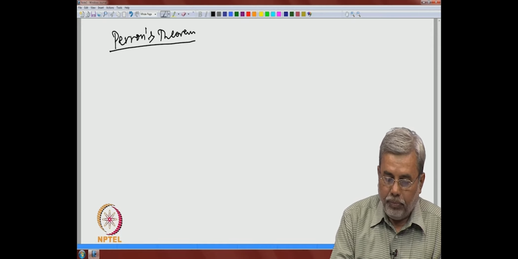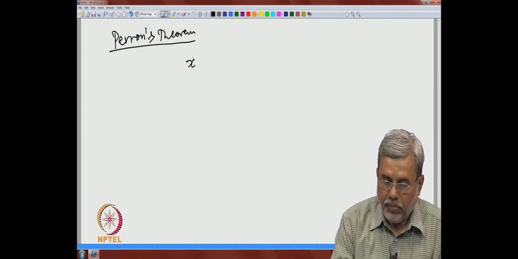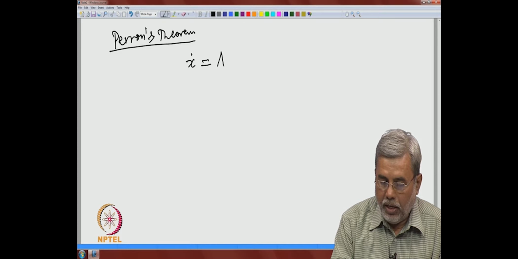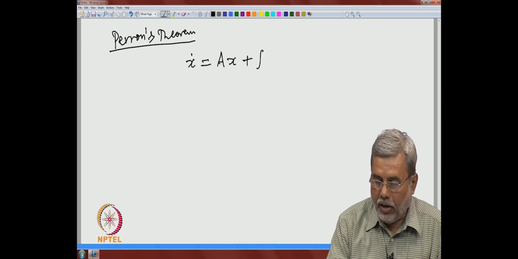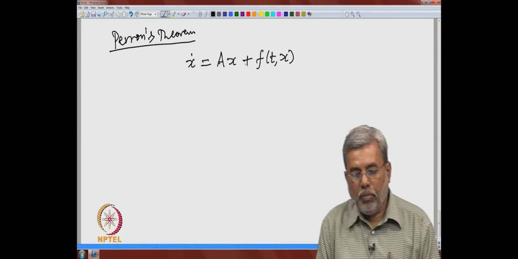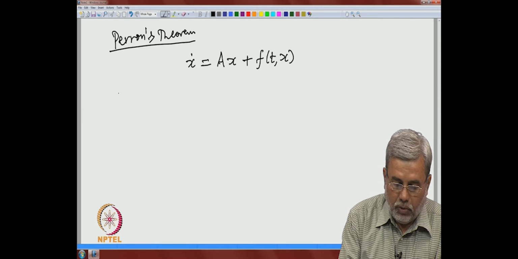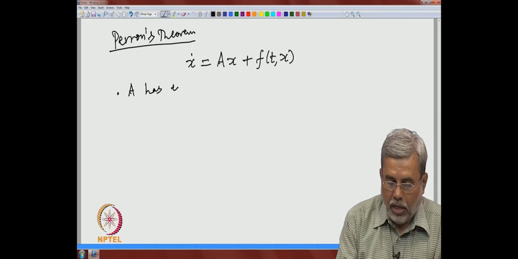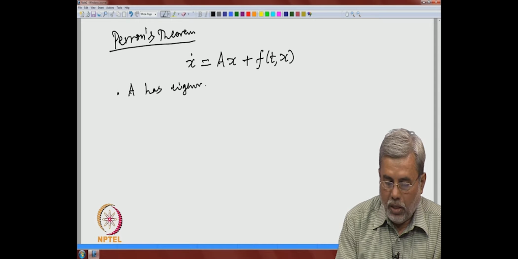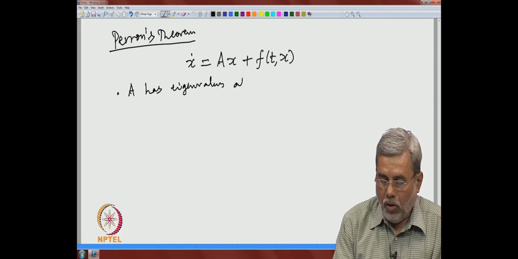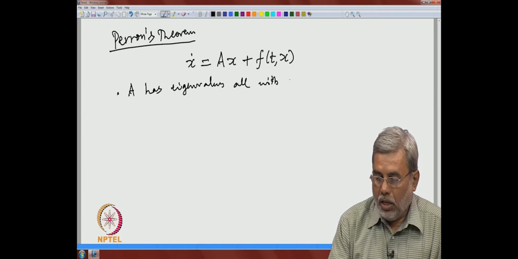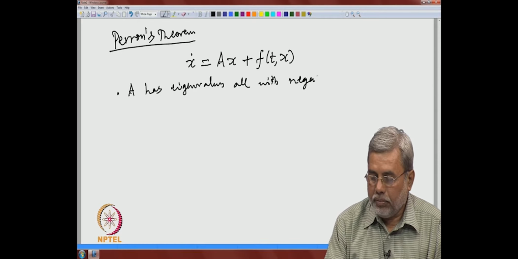Okay. So, we have this system, a linear system perturbed by a nonlinear term. So, this f is different. So, this is the system. The hypothesis on A: A has eigenvalues all with negative real parts.